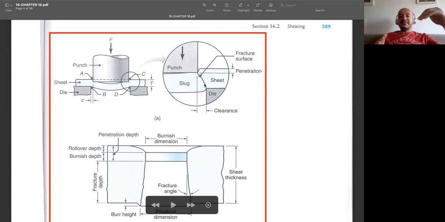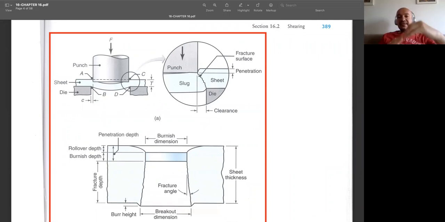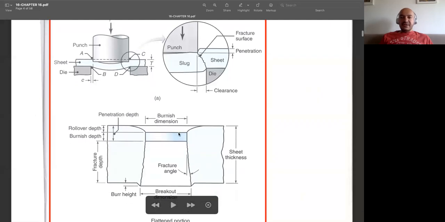Once these cracks propagate and meet at this center point, we can say that this shearing process is completed. You can see that some parts have a grainy surface or high surface roughness, and some parts have a shiny surface, and these are called the burnished zone. You can see burnished depth, rollover depth.